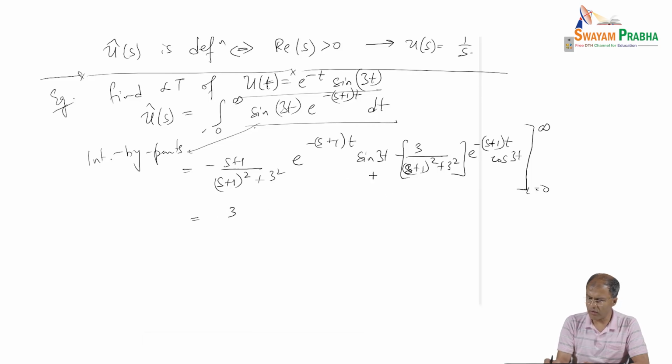So when we plug in all these limits, we see that the result turns out to be 3 divided by s plus 1 square plus 3 square.